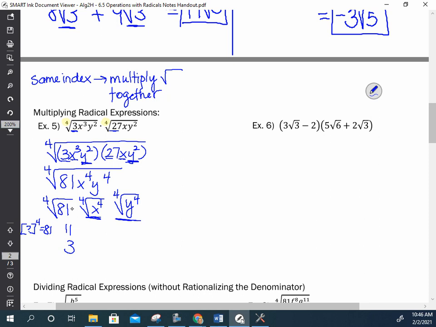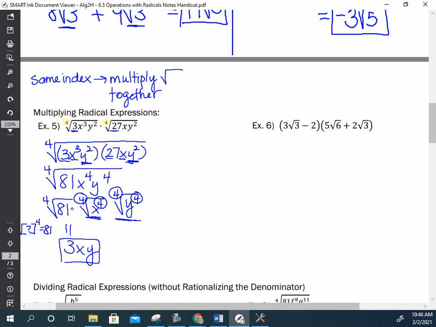For the variables, you're taking the exponent divided by the index. So 4 goes in the 4 once. 4 goes in the 4 once. That's it. Problem's over. It actually came out nice and neat.